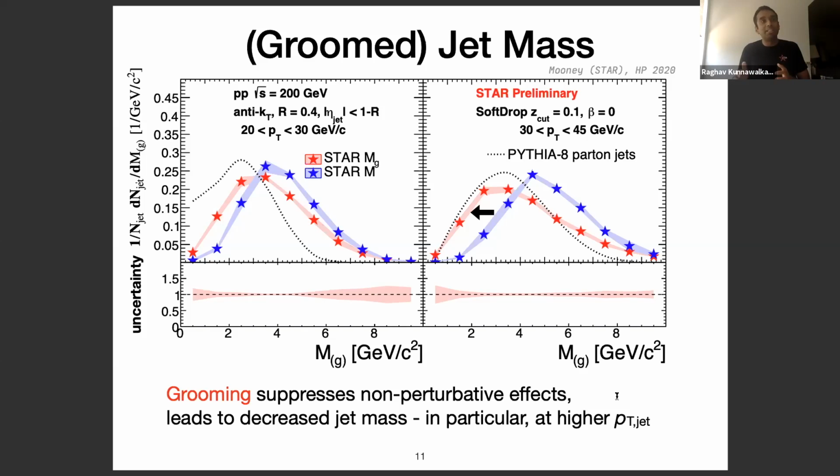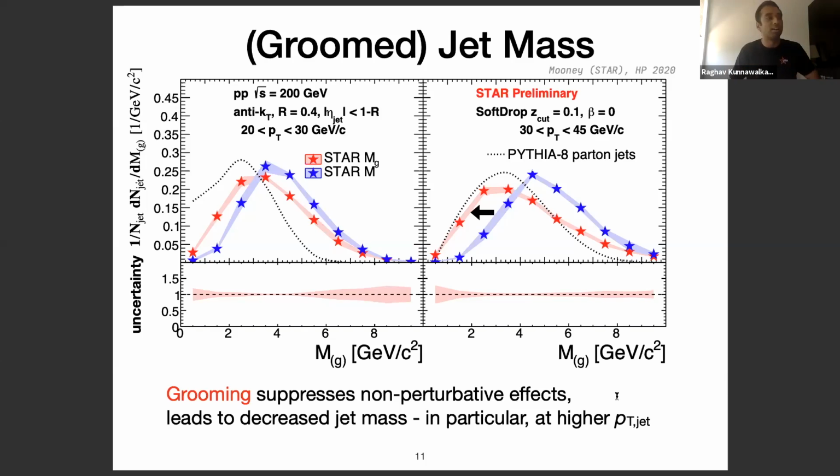As you go to higher PT, you compare to the dotted curve, that's Pythia at the parton level, so no hadronization, right? And you can see the groomed mass gets closer. It's not exactly the same. There's still a shift in the distribution, but it gets closer, right? And this is why grooming is useful, because you've removed these non-perturbative effects that are not necessarily calculable.